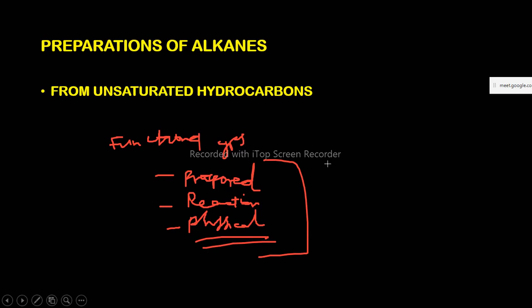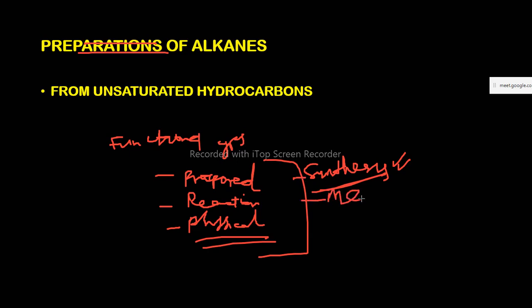We shall say, show how you can synthesize. For you to synthesize anything, you must know how it is prepared, so for all functional groups, we shall talk about preparations. And after synthesis, we talk about reaction mechanisms.